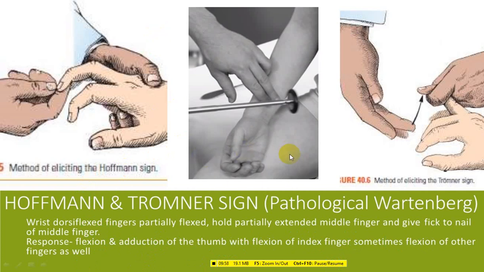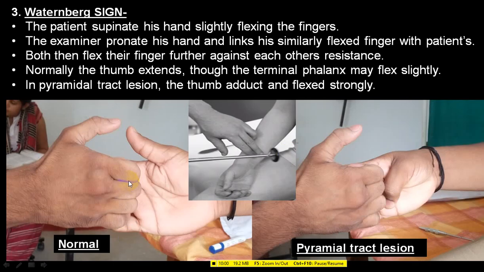You can do it the other way around. Yes, this is the Wartenberg test. You ask the person to flex the fingers. Normally, the thumb goes into abduction and extension, while in pyramidal tract lesion, the thumb will go into adduction. So the patient supinates his hand slightly, flexing the fingers. The examiner pronates his hand and links his similarly flexed fingers with the patient's.